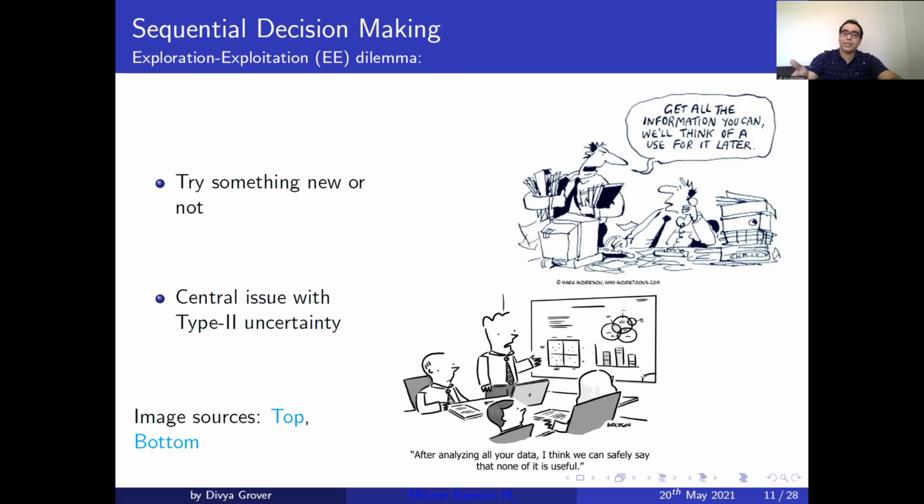So the agent is unaware of the probability distributions in the MDP, and that is the type 2 uncertainty, lack of knowledge about the environment. I will make this more concrete in a bit. But the dilemma here is, do you collect information that ultimately is not useful to improve your sequence of actions? So that information is essentially useless. How do you choose whether you need more information or you simply make do with what you have?